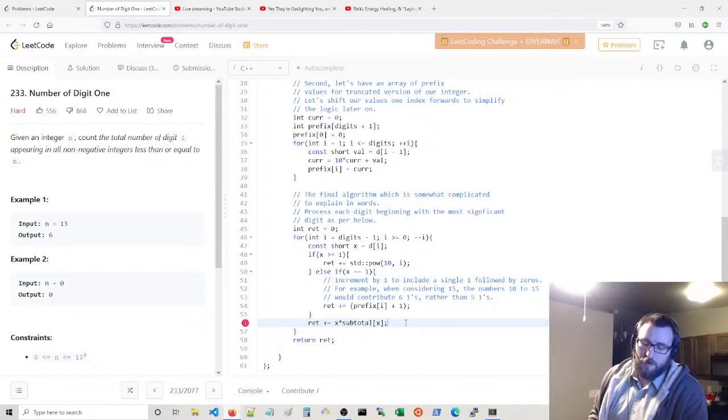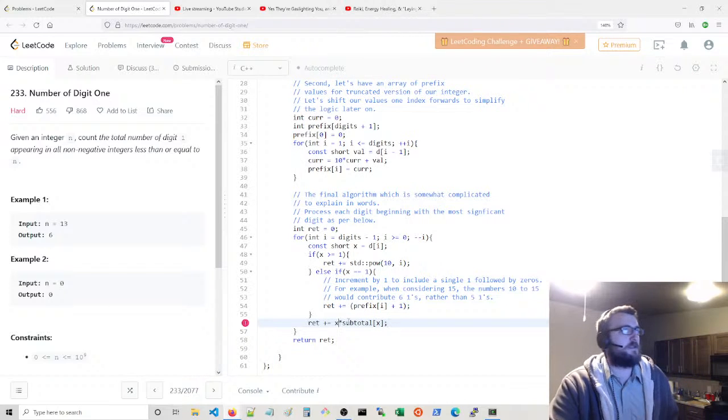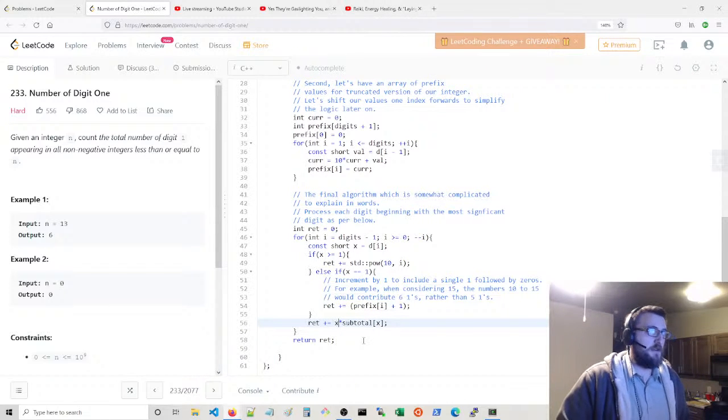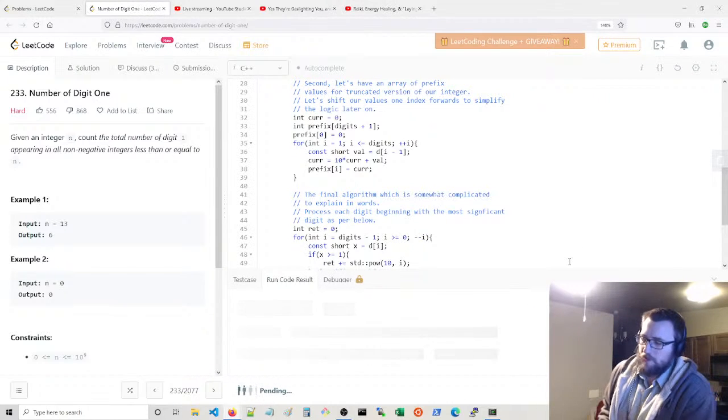X subtotal x, so if you had like 196, right? So you have 1 times, and the digit is 0, 1, 2. Well, that's interesting. I don't know how. Oh, it's not x, it's I. Excuse me. X times subtotal of I. That's my mistake. That would be out of bounds. Is that correct?